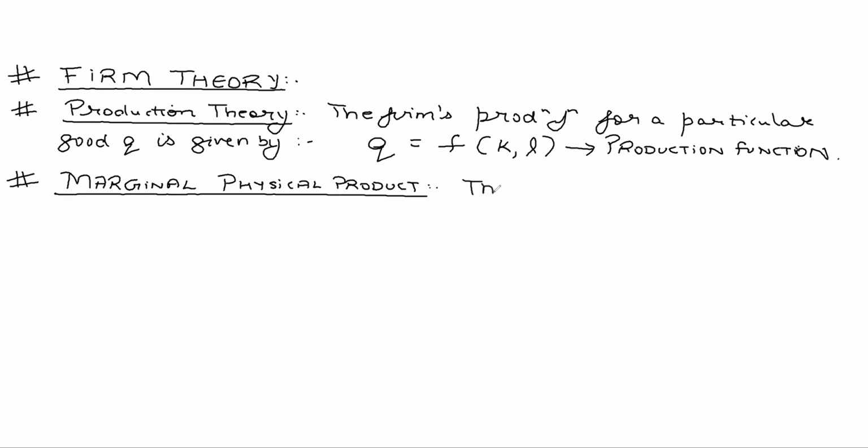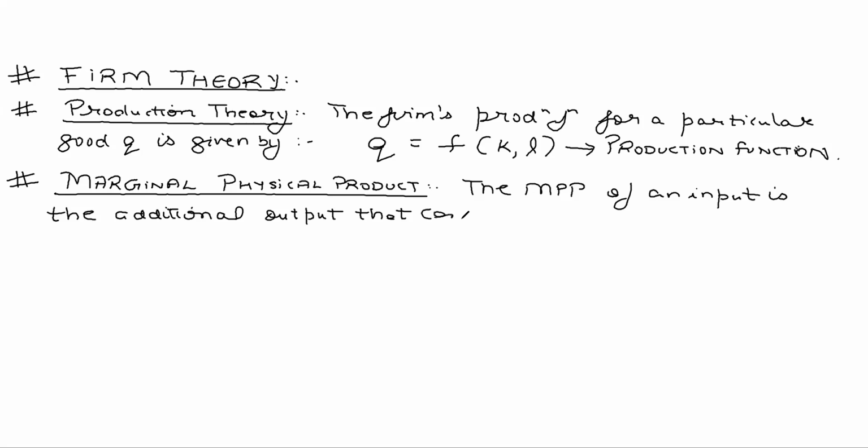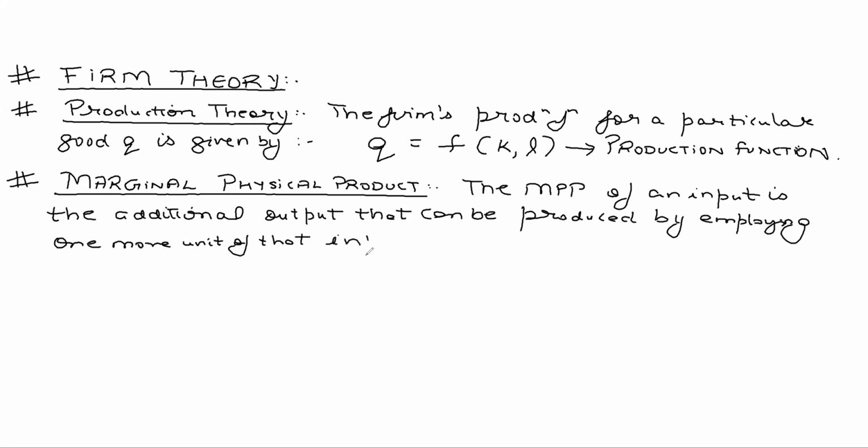So the marginal physical product, MPP, of an input is the additional output that can be produced by employing one more unit of that input, while holding all the other inputs constant.